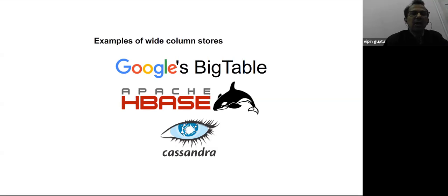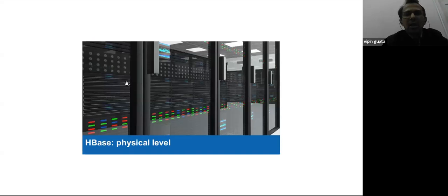Again, we will ourselves create some database, then create column families, insert records, delete records, then perform queries, all these things. If time permits, then we will import some big data also. At the physical level, when we talk about HBase and Hive, thousands of systems are involved.